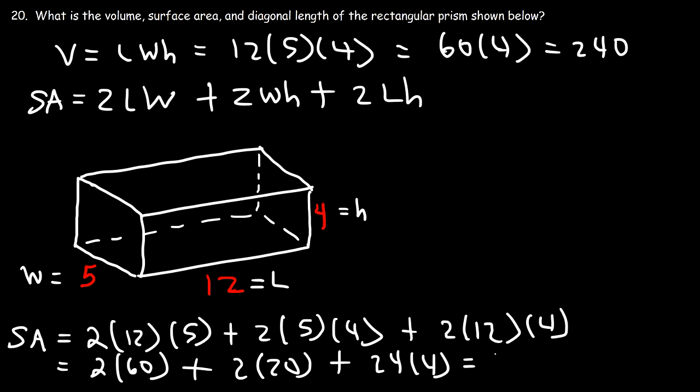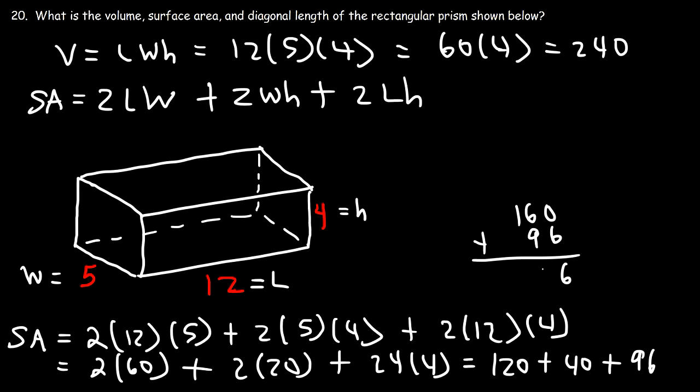Now 2 times 60 is 120, 2 times 20 is 40, and 4 times 24. 4 times 20 is 80, 4 times 4 is 16, so that's 96. 120 plus 40 is 160. And now let's add 160 and 96. 6 and 9 is 15, 1 and 1 is 2. So the surface area is 256 square units.